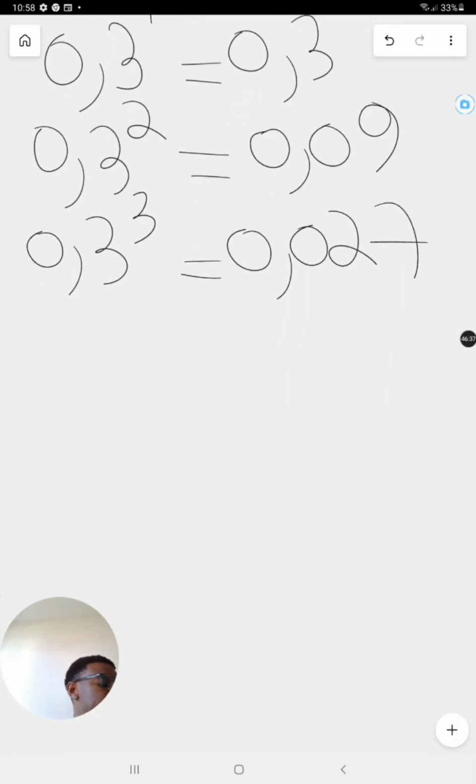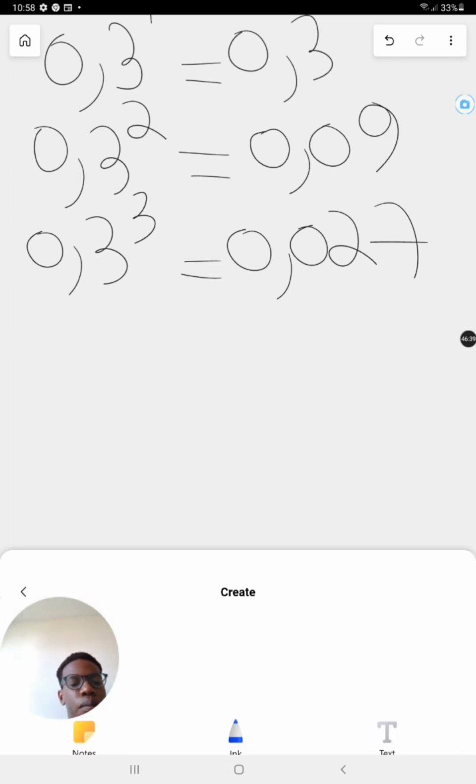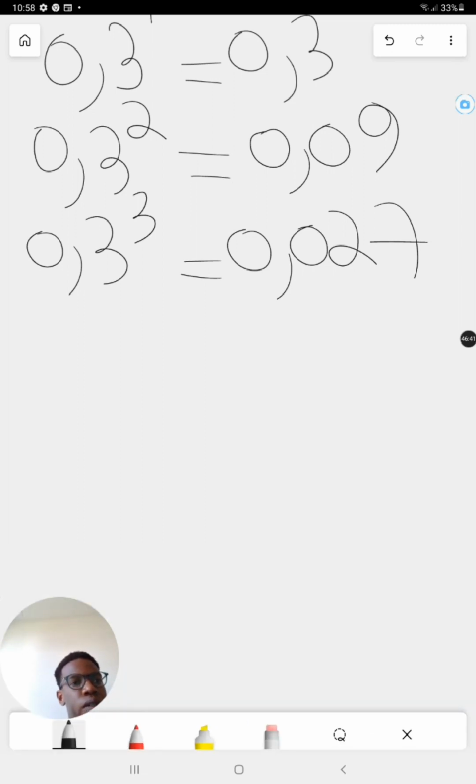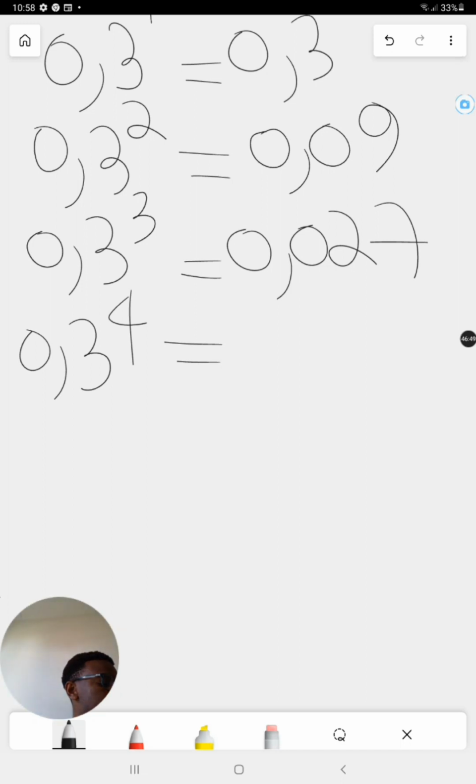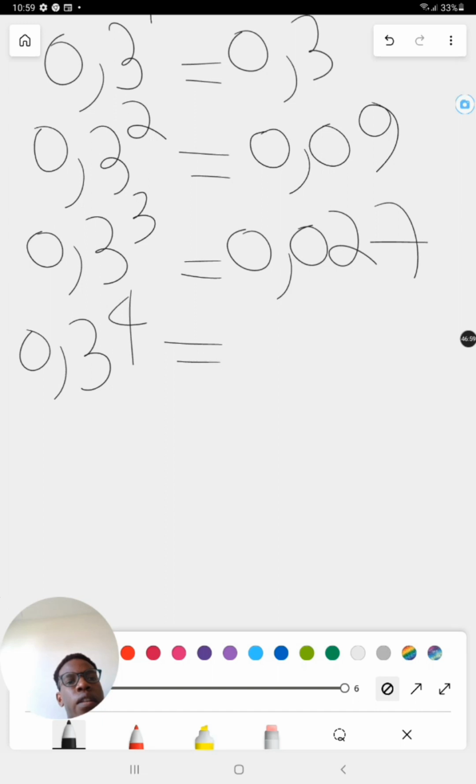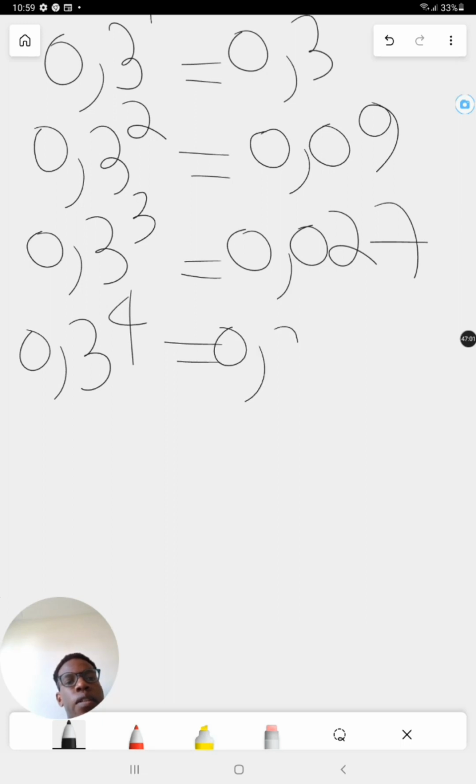What is 0.3 to the power of 4? Well, 0.3 to the power of 4 is equal to 0.0081.